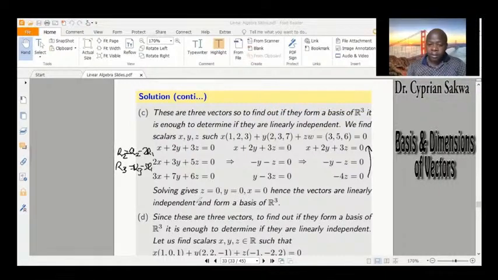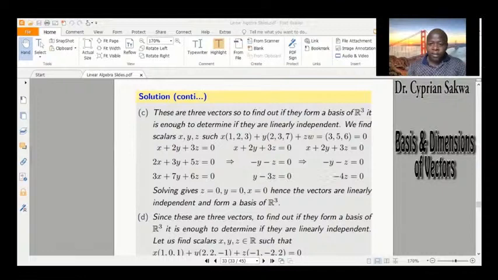And therefore those 3 vectors would form a basis of R3. We did not need to determine whether they span because we already know that these were 3 vectors in R3. So since they are linearly independent, they will automatically span.